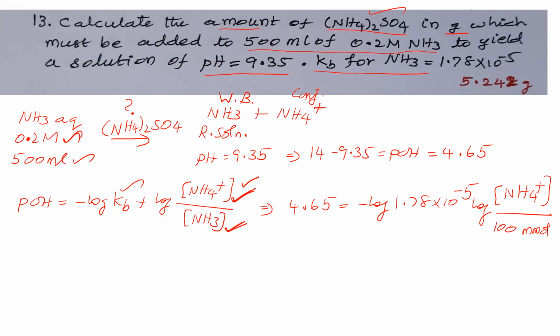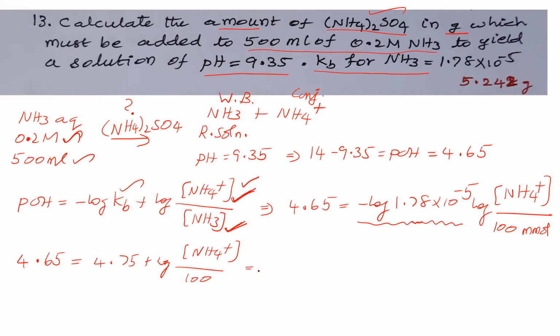So now we can write 4.65 is equal to this. For this we can take the log. Simplifying minus log of 1.78 into 10 power minus 5, we get 4.75, plus log of ammonium ion by 100.